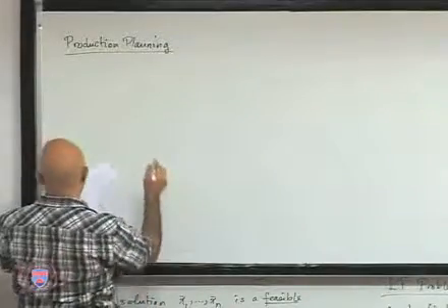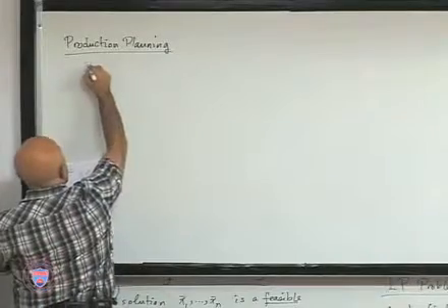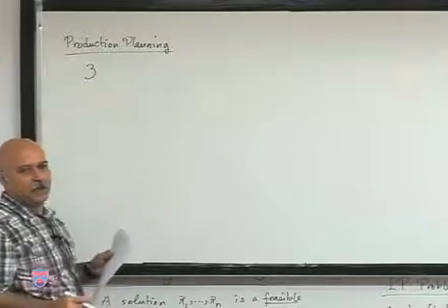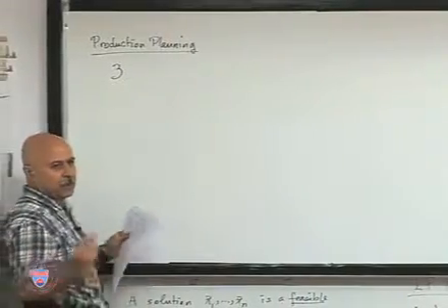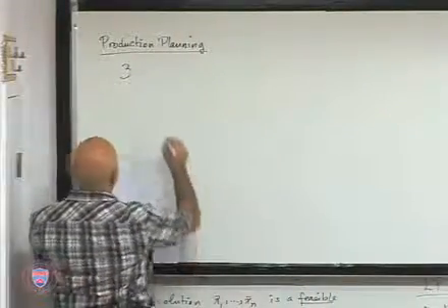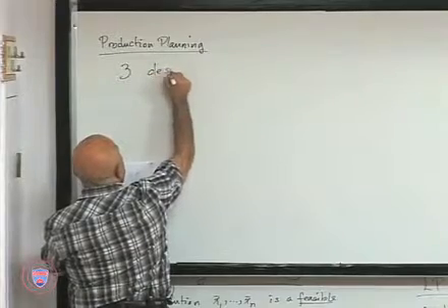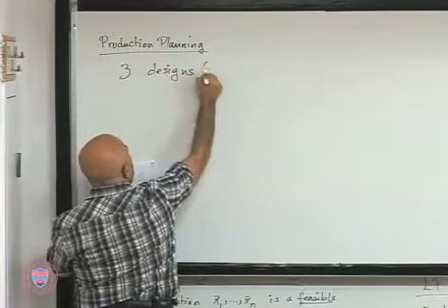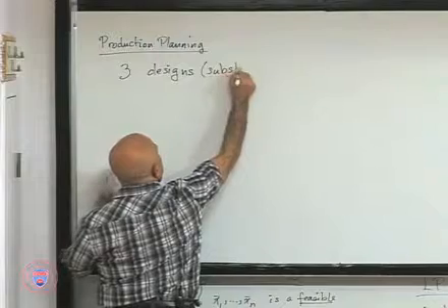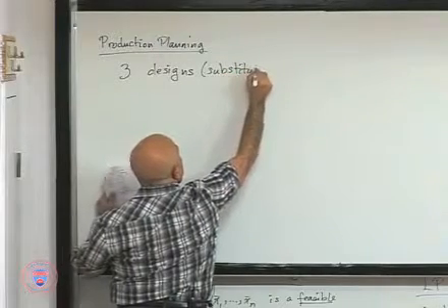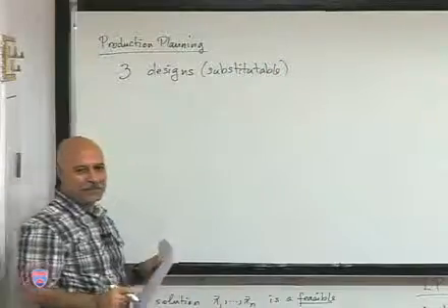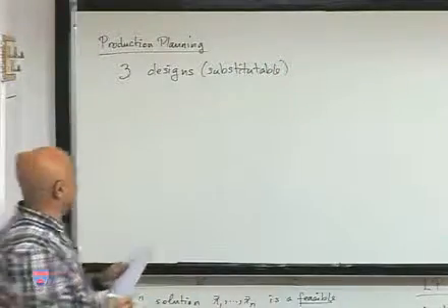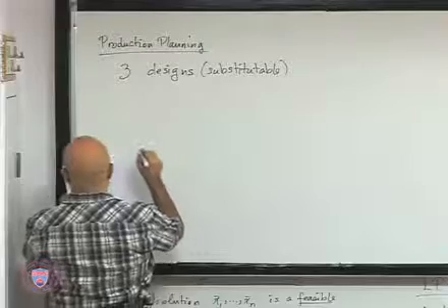In the problem, we've got a product, and there are three different designs available for producing the product, but they are substitutable. They all do the same thing. So, three alternative designs available, which are substitutable.